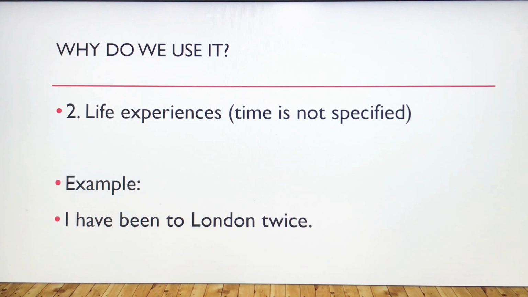It actually specifies how many times I have been there. So be careful. Once, twice, 3 times, 4 times, 5 times, these do not specify time. These are just frequencies, how many times you have done something.